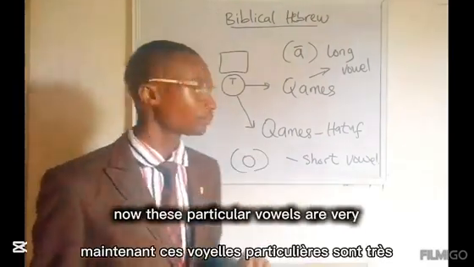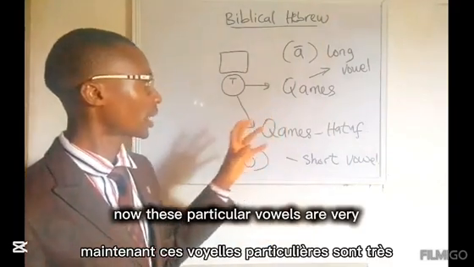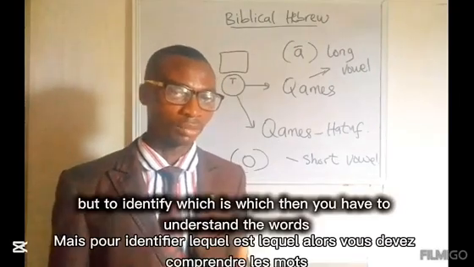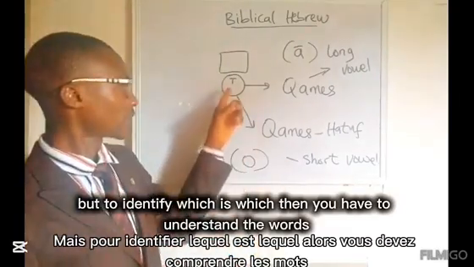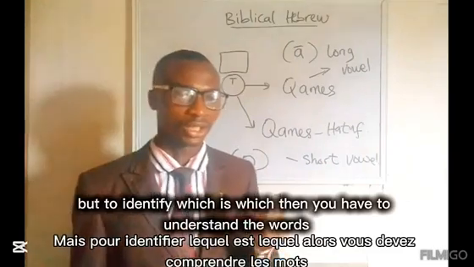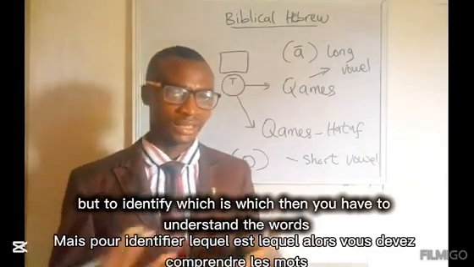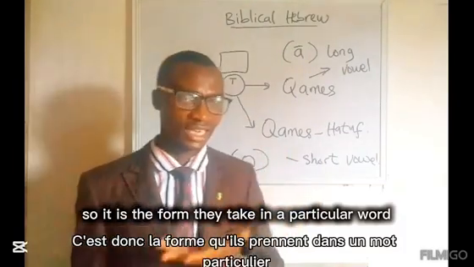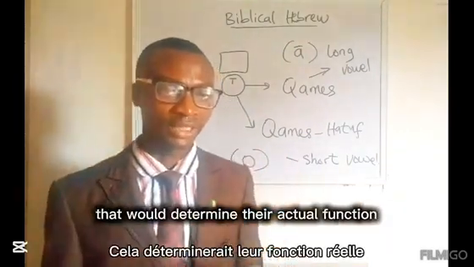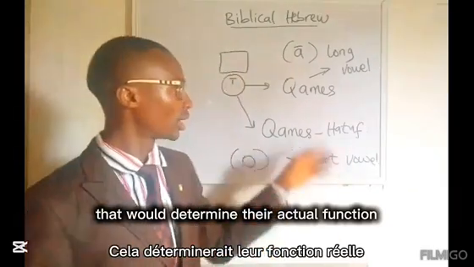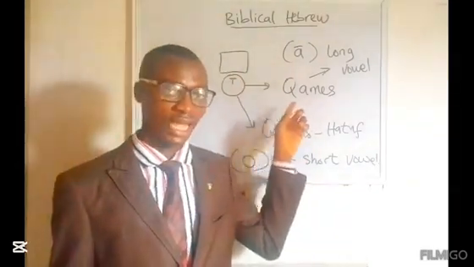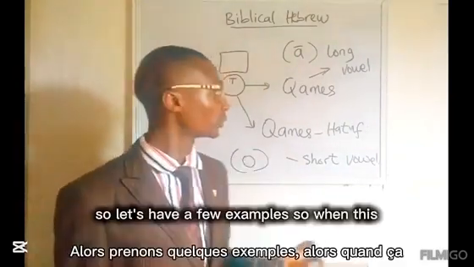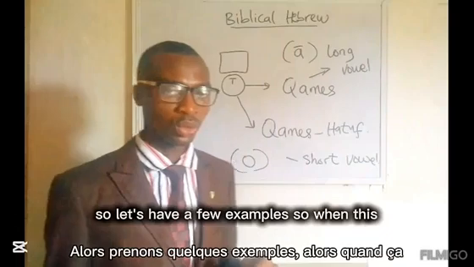Alright, now these particular vowels are very, very important in biblical Hebrew, but to identify which is which, you have to understand the words. So it is the form they take in a particular word that will determine their actual function, either as a Qamet or as a Qamet-hatuf. So let's have a few examples.